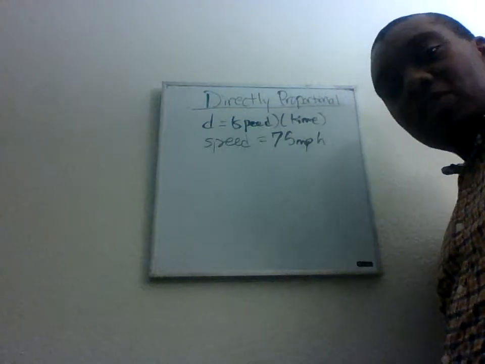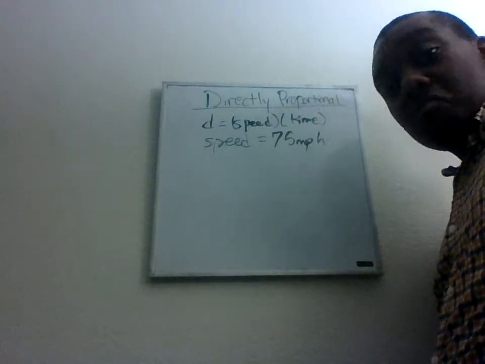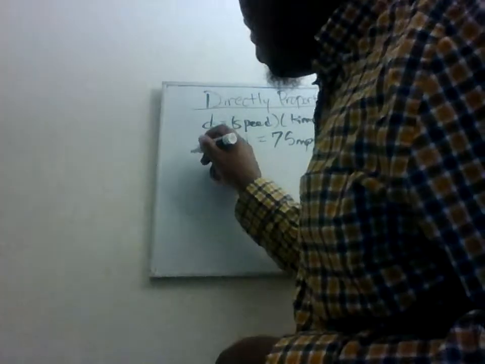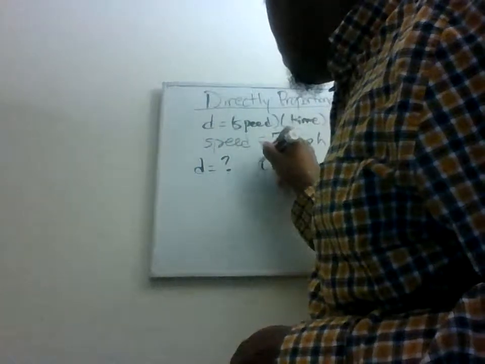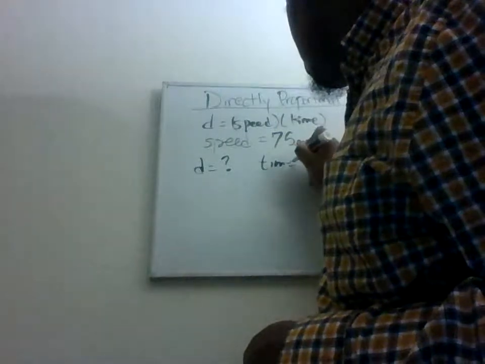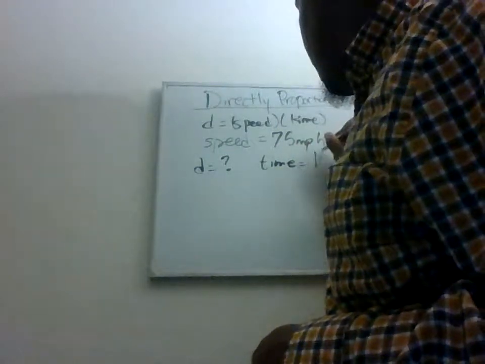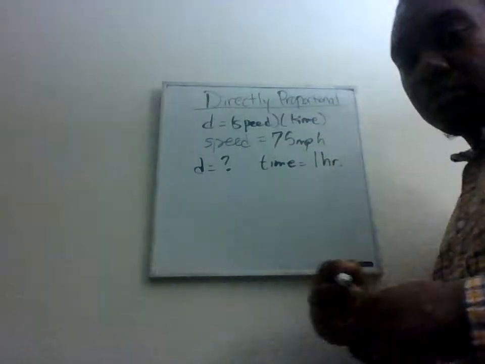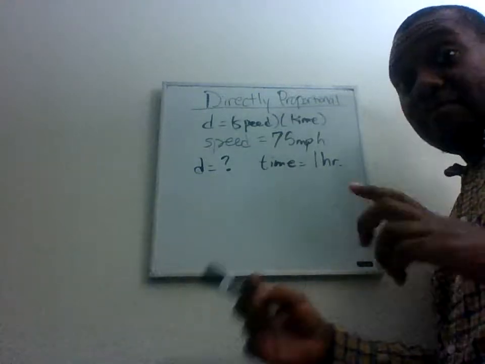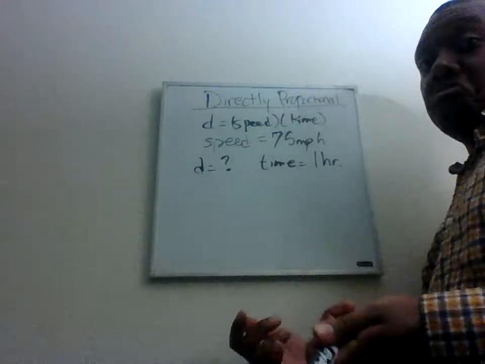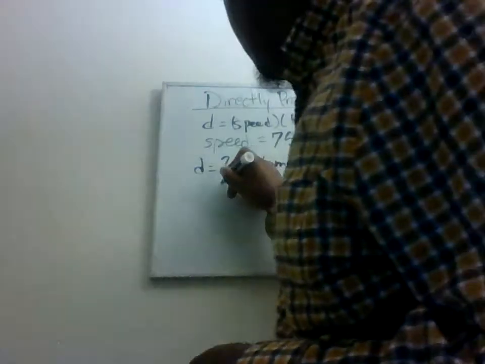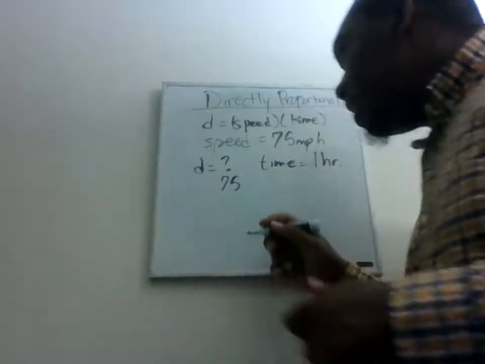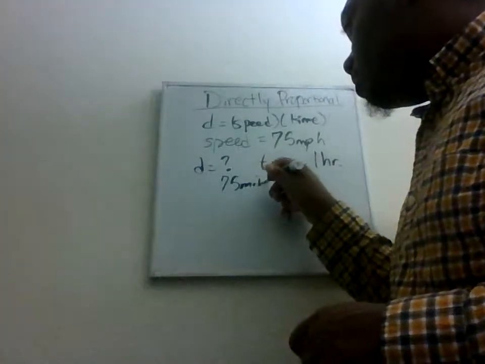How far would I travel in 1 hour? So what is d when we travel for a time of 1 hour? Okay. Well, it's 75 miles per hour. So we've only gone 1 hour. That would have to be 75. All right. 75 miles.